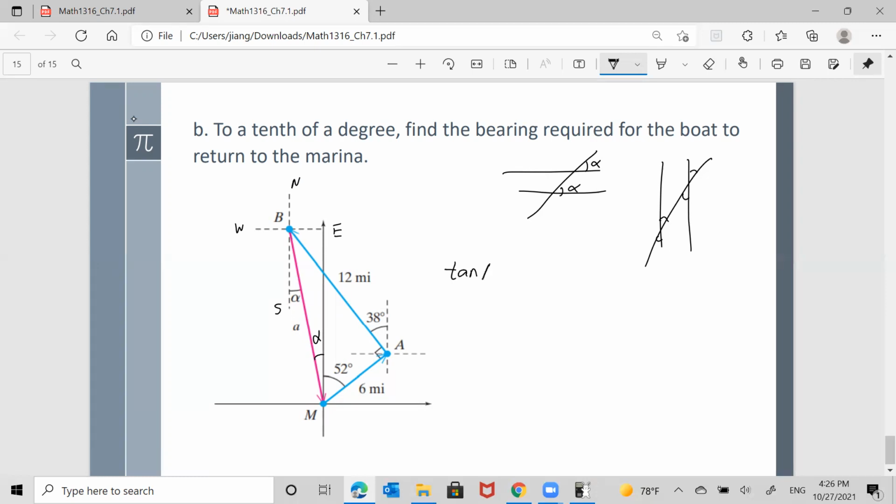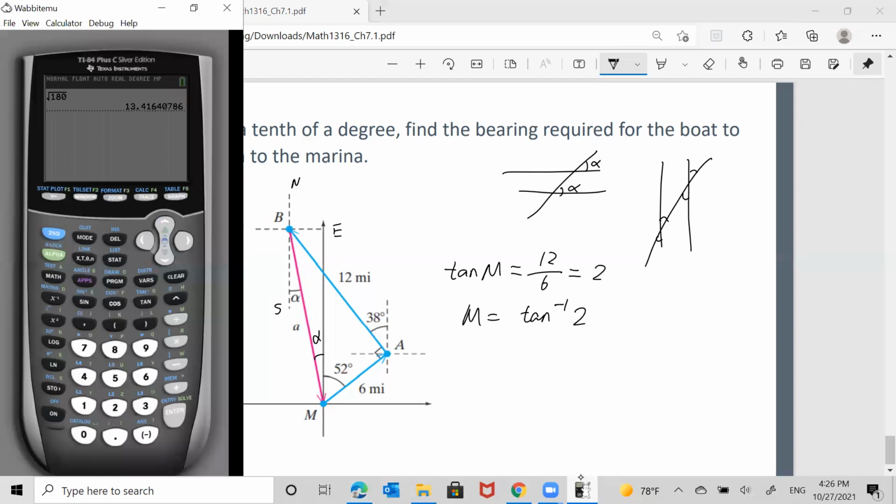Tangent M equals 12 over 6, that's 2. So M equals the inverse tangent of 2. So use our calculator. Second, tangent, 2, close the parentheses. So M is about 63.4.